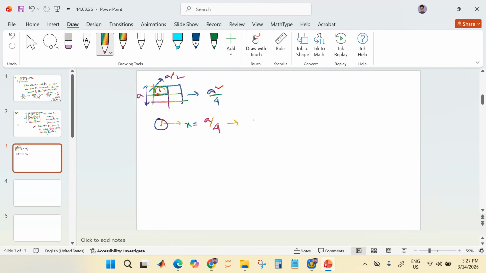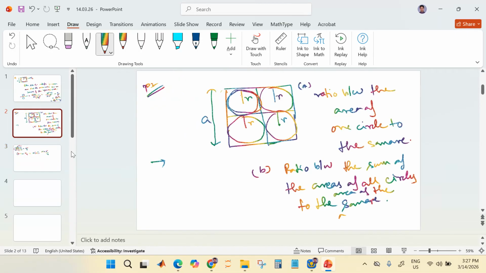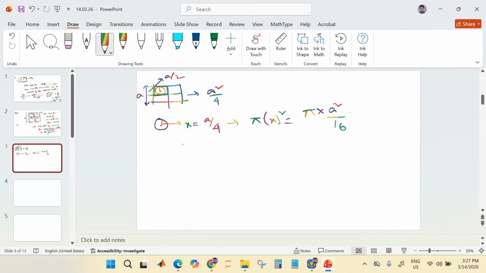So what is the area? It is pi x square. X means a by 4, whole square. So pi into a square by 16. And what is to be found? That is one circle to the square. Okay. So one small circle by the large square. One small circle means pi a square by 16, and one large square means a square by 4.